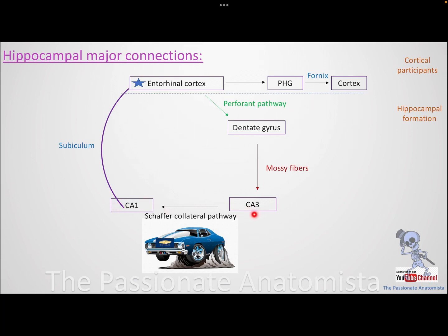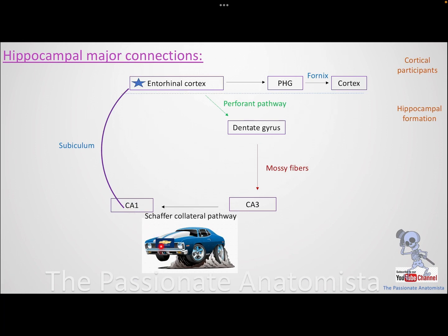The cornu ammonis has four zones or four areas. What concerns me today is only two, CA3 and CA1. So you will reach CA3 by the mossy fibers, S. Now, from CA3 to CA1, you need a shortcut, because CA3 is area number 3, and you want a shortcut that helps you speed up to CA1 without going anywhere else, like CA2.